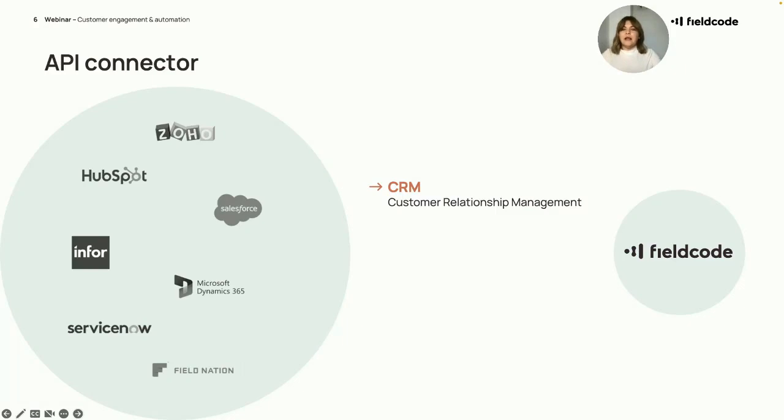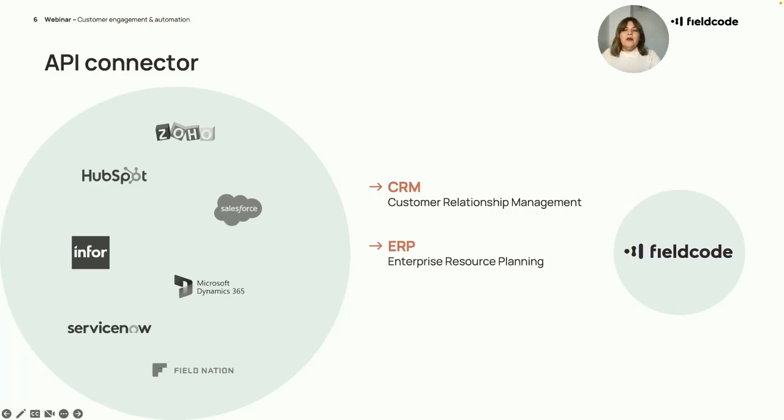The customer data needs to be available, and the deal, the contract, and service type need to be visible. This data is normally already in place and can just be synced between your CRM system and FieldCode.